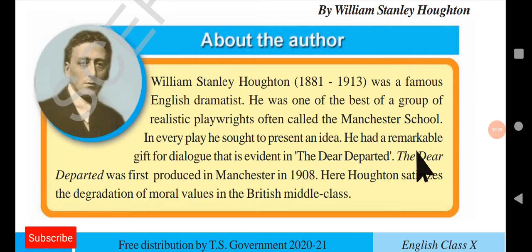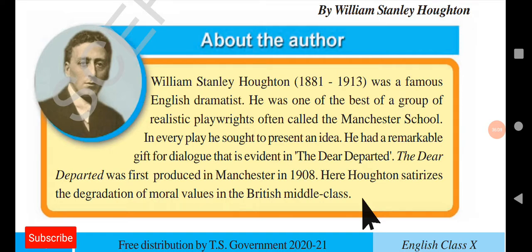He had a remarkable gift for dialogue that is evident in The Dear Departed. So he is very good at his dialogues, which we can see in The Dear Departed. The Dear Departed was first produced in Manchester in 1908, so it was also produced in the Manchester School. Here Houghton satirizes the degradation of moral values in the British middle class. In this whole play, the playwright wanted to show how the moral values of middle class British families are being degraded.